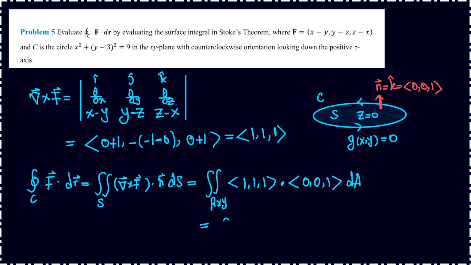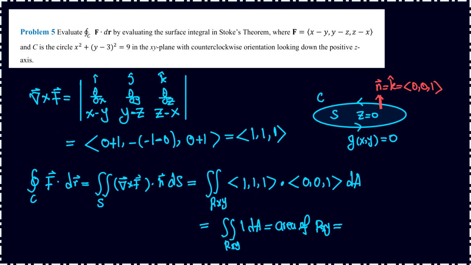And this gives you the double integral of simply 1 dA over the region, and that is the area of the region, which is bounded by the circle of radius 3.